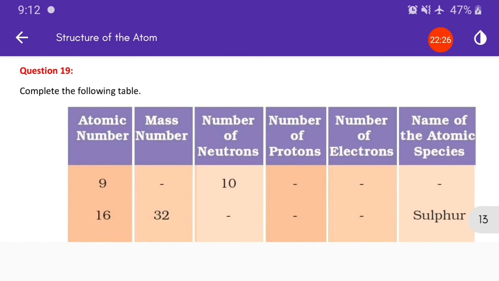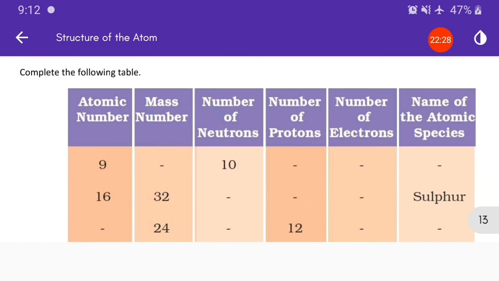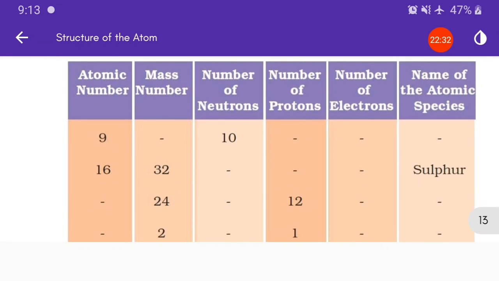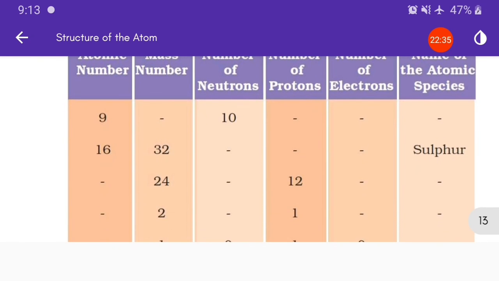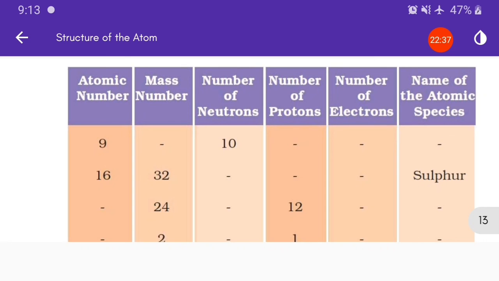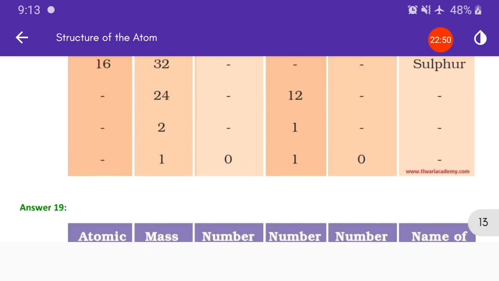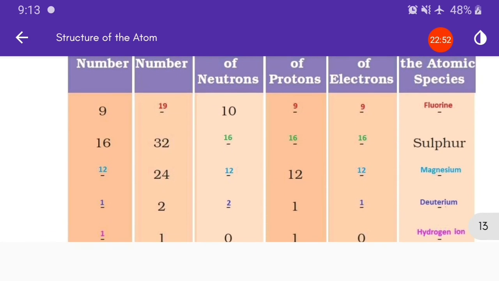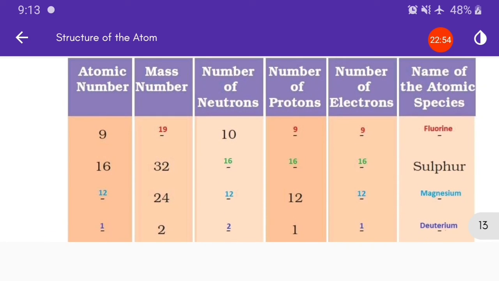Now the last question. Complete the following. There are many things missing in this table, we have to complete it: atomic number, mass number, number of neutrons, number of protons, number of electrons, and name of the atomic species. Atomic number 9 is fluorine.